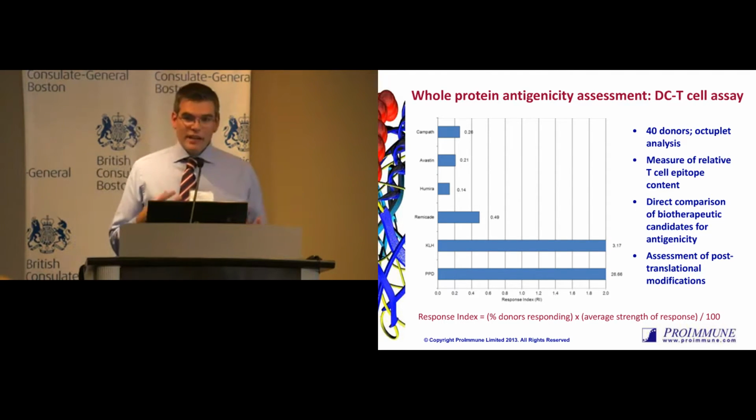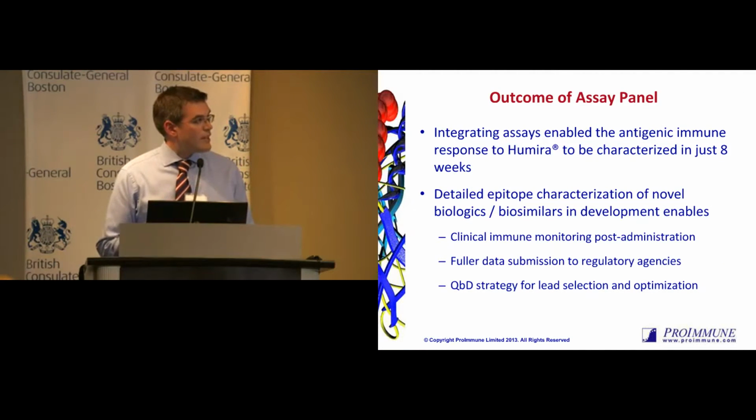So by integrating different assays, depending on the stage that you're at, this has enabled us to look at the antigenic immune response to Humira and the characterization of it in a very short amount of time, for example, just 8 weeks. And this can be applied, as I've mentioned earlier, in different phases, whether you're thinking about selecting different molecules, so a QbD strategy for lead selection.